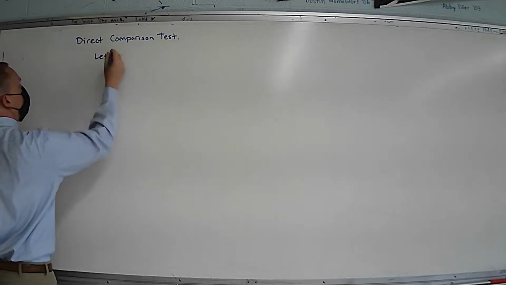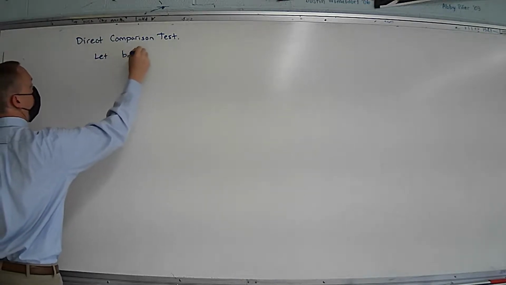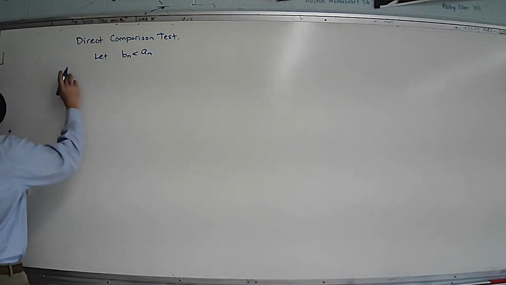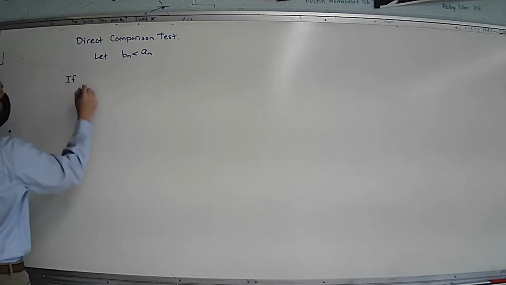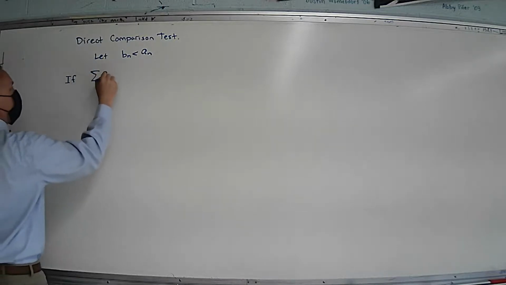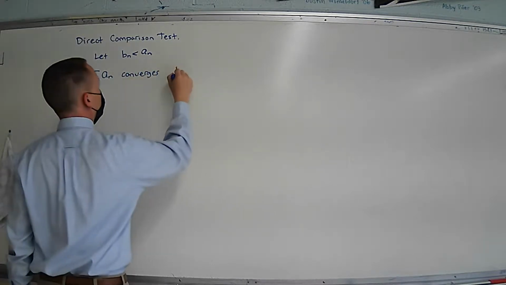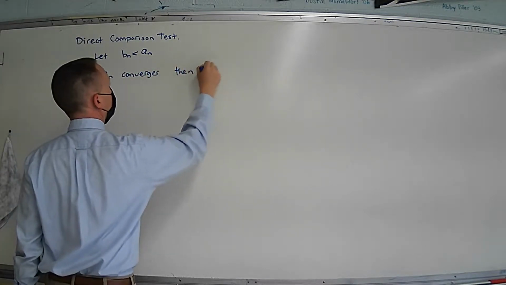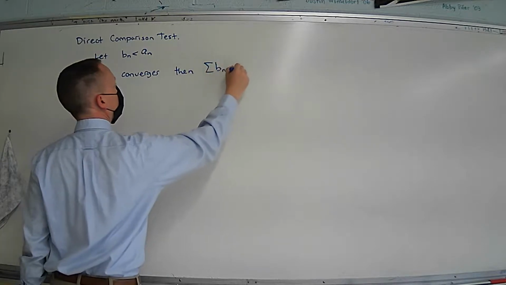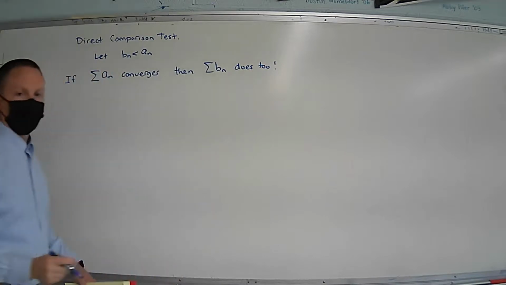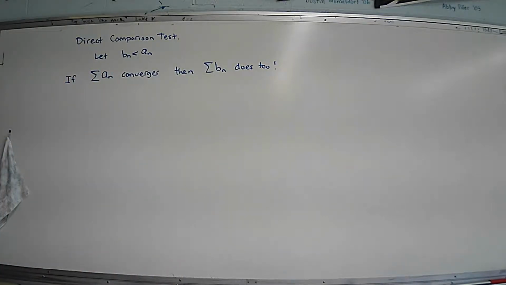So I'm going to say this first statement here, let's let B sub n be less than A sub n. Now we're not using real formal math language here.